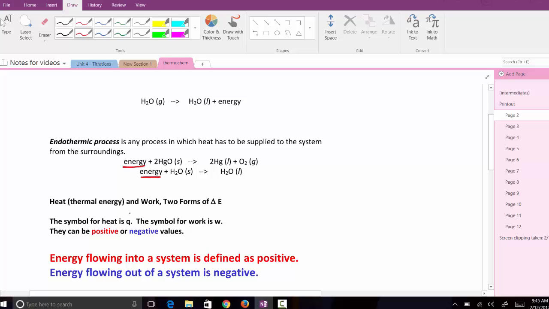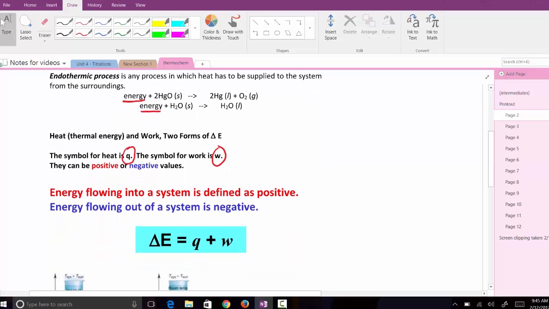So we use the symbol Q for heat and W for work. And again, we're still using those same sign conventions. Energy going into our system is positive, so endothermic is positive, or the other one would be with work. You're looking for phrases like work that's done on the system.